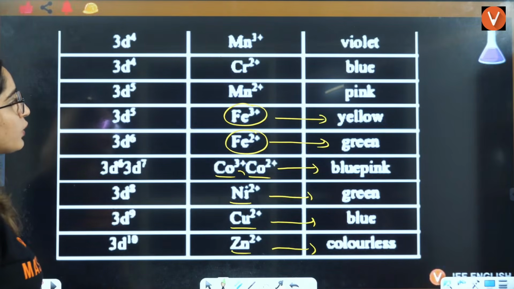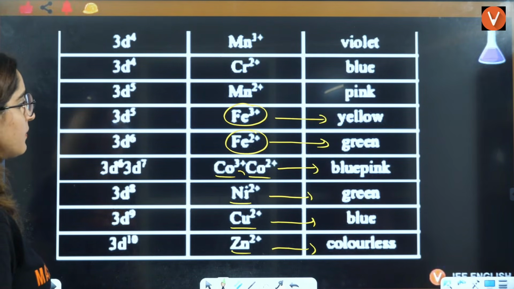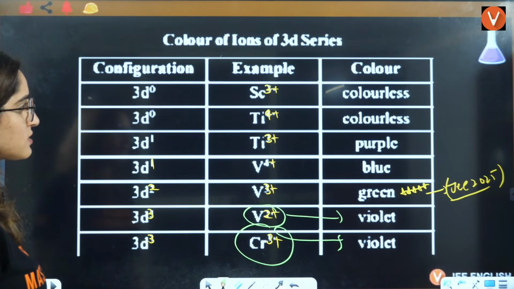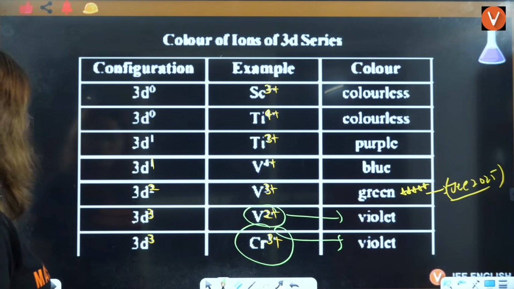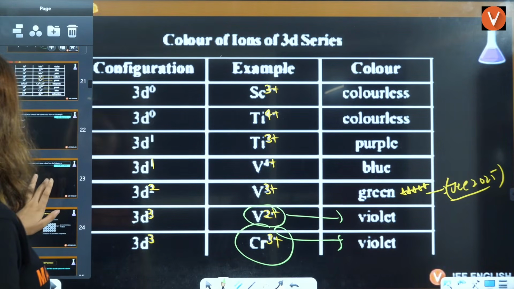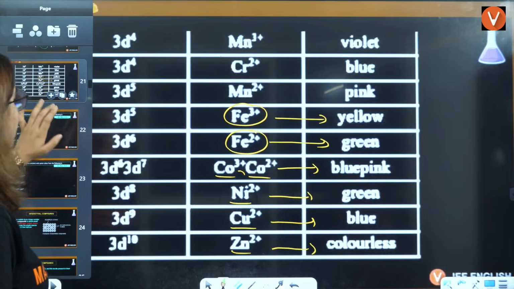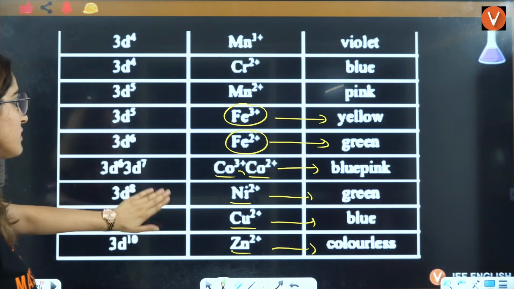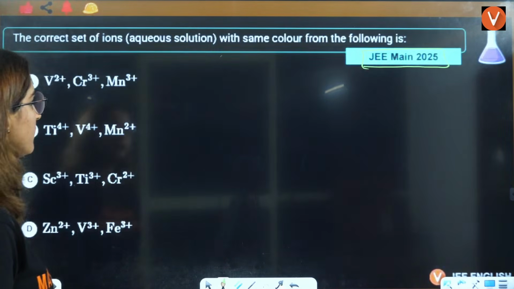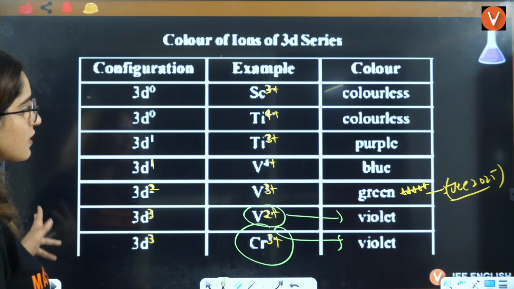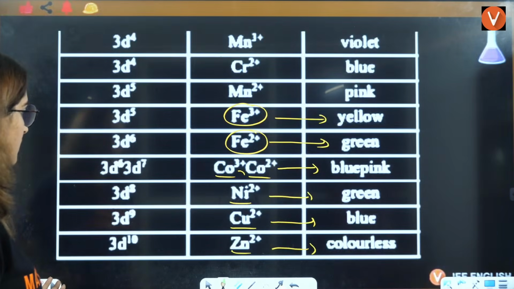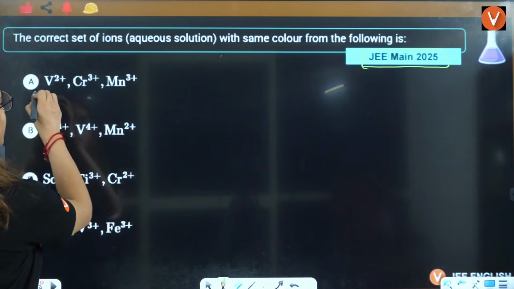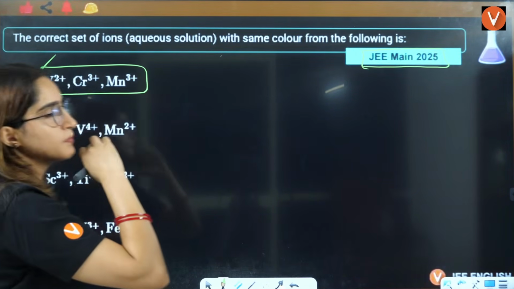What else is violet in color? Manganese 3 positive is not written here, but no worries, it is given in the exam. So the first option is the correct answer.